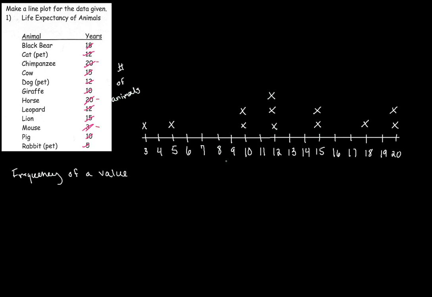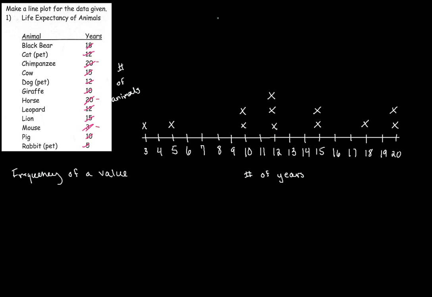And then on the x-axis, we'd say number of years, because there's 3 years, 4 years, 5 years, 20 years. So on the y-axis, you're saying that there's either 1 animal or maybe 2 animals or 3 animals that have a life expectancy of 12 years or 15 years or 18 years.